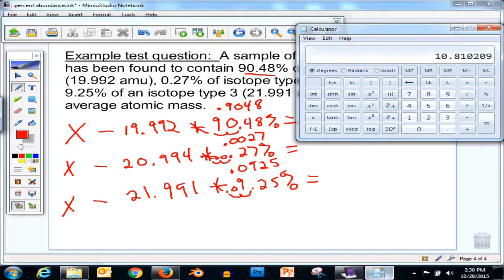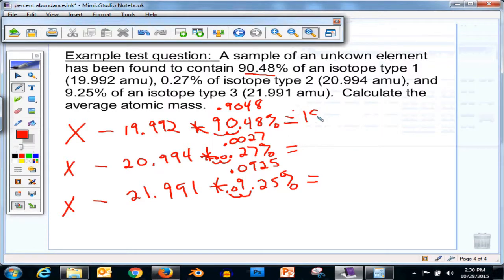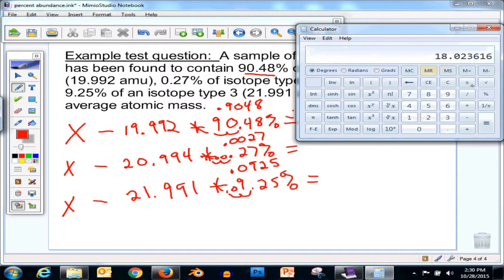So let's pull out our calculator. 19.92 times 0.9048 equals 18.0236. Yep. Okay?